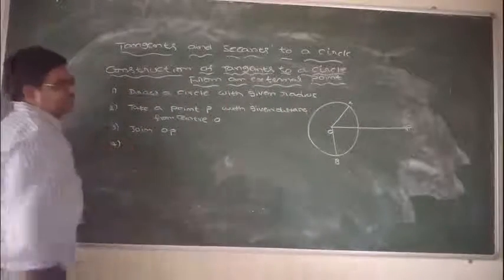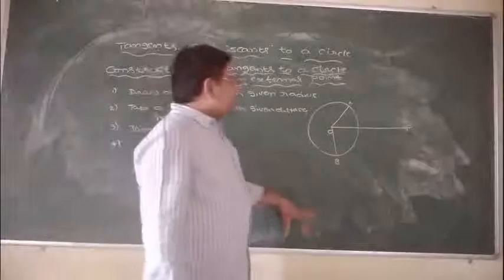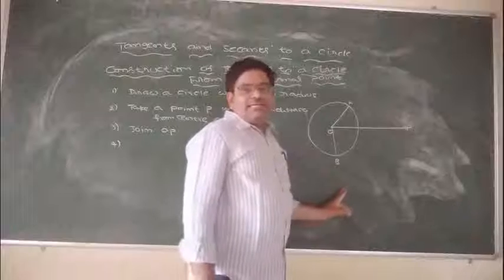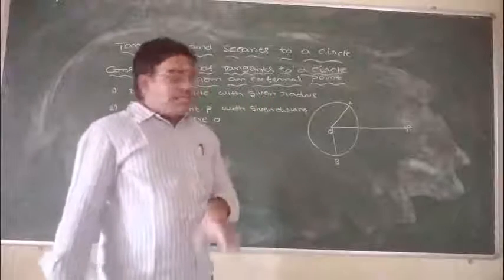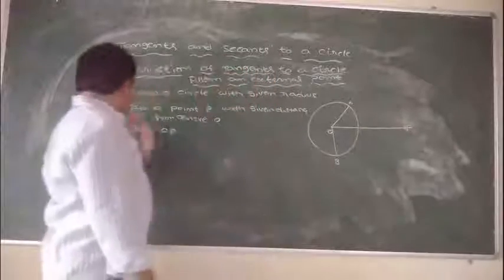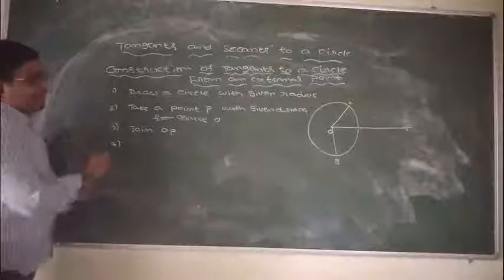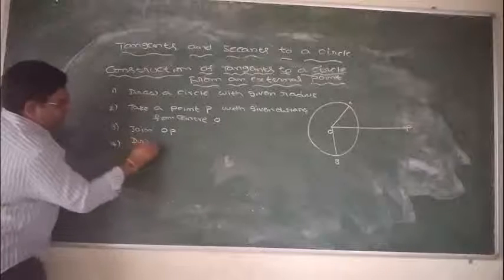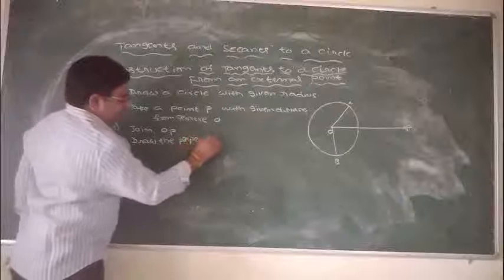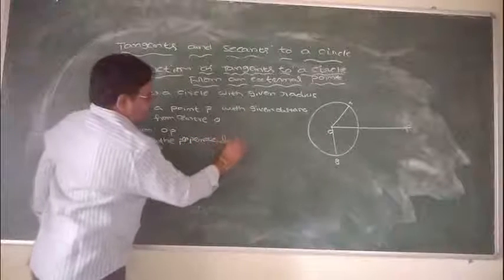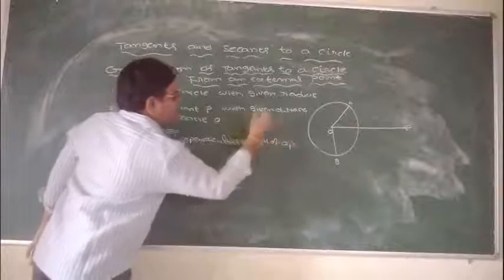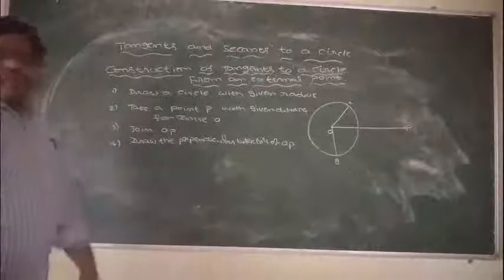Step number 4, how to construct PA and PB. The last section's theorem is completed. Now in this section, how to construct PA and PB. For that purpose, step number 4: draw the perpendicular bisector of OP.